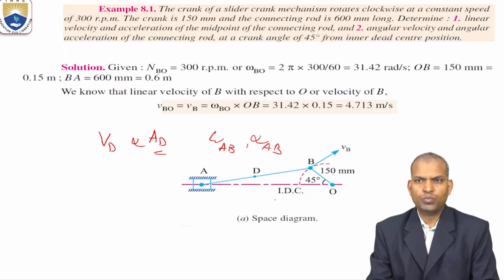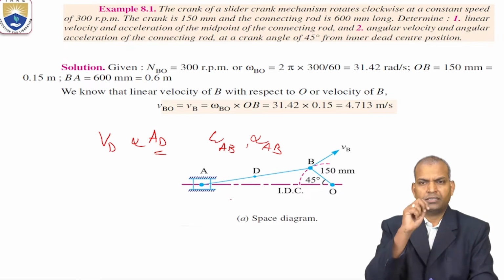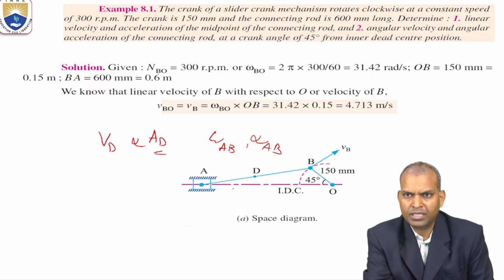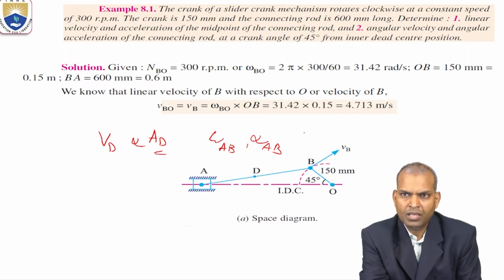Here OB is the crank in this figure and AB is the connecting rod, and A is the slider, and D is located at the midpoint of the link AB, that is the connecting rod AB.